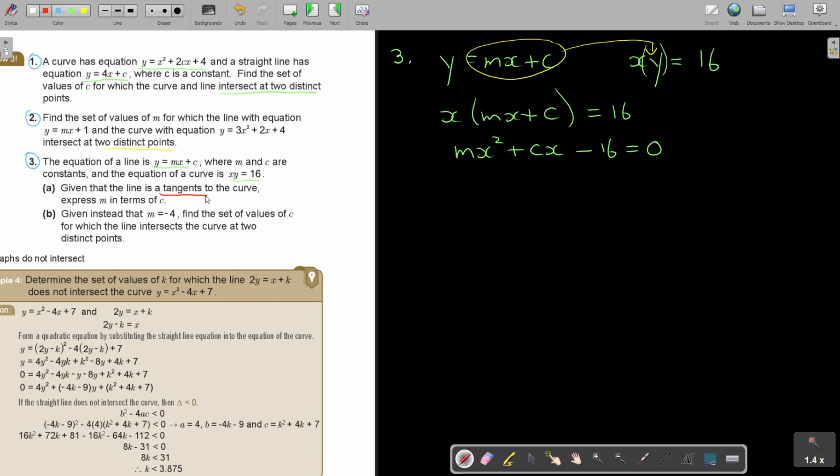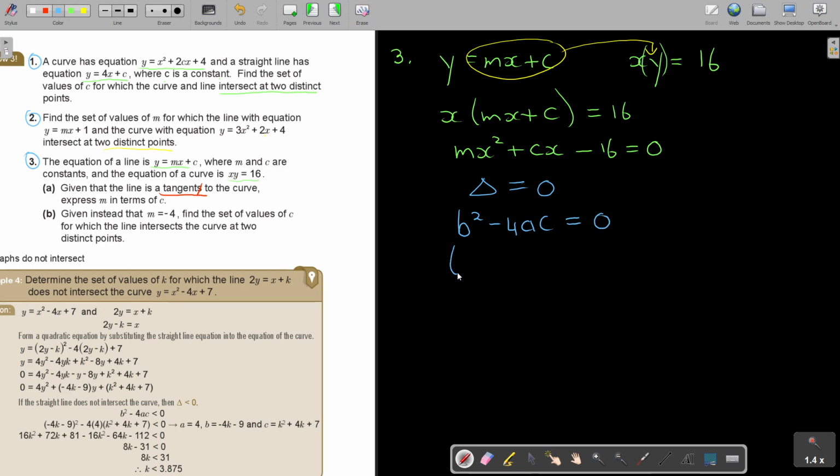I think that sketch must be out. I will go and check. Okay, so basically, I'm just going to say the discriminant is equal to 0, so I'm back in the previous case where it's only a tangent. So then it's going to be b squared minus 4ac, and the discriminant is 0.